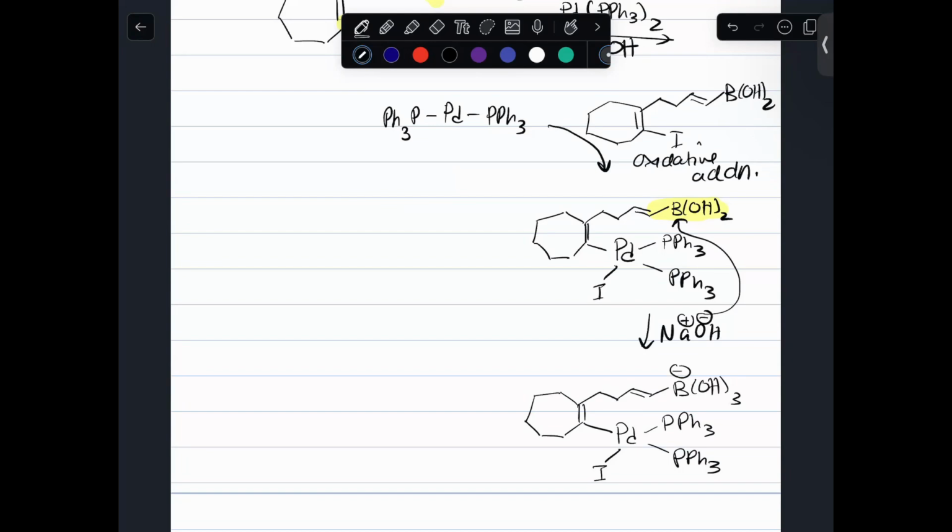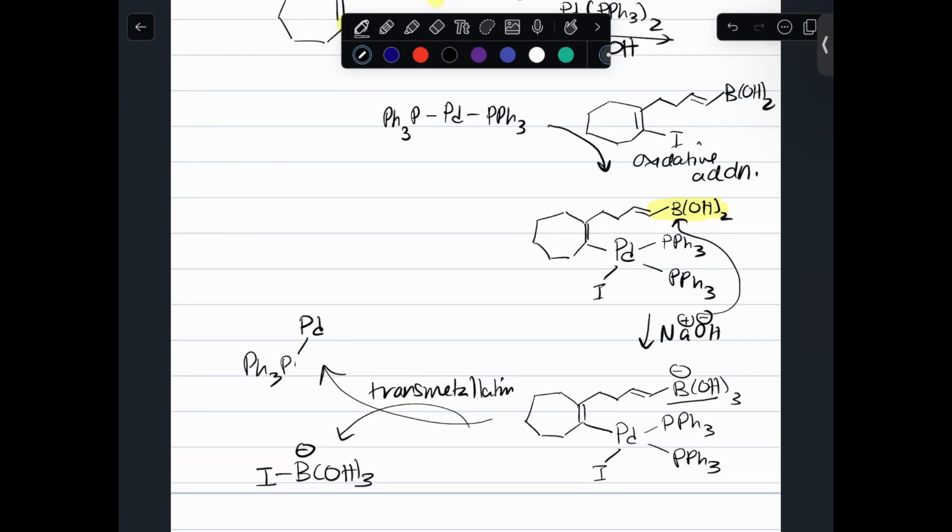And now I've got my activated boron that can proceed to undergo transmetallation. Now, before I draw what the palladium system looks like, let me first number my carbons and number my atoms so I know what's going on.